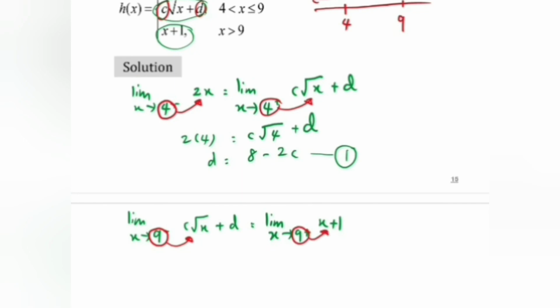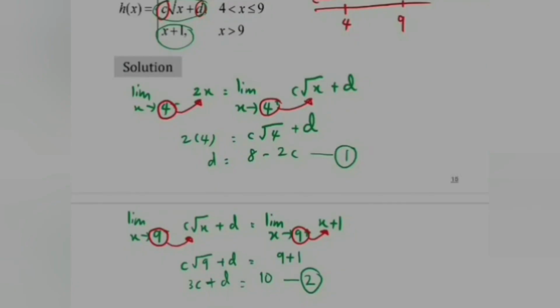You will get c times 9 plus d equals 9 plus 1, which is 9c plus d equals 10. Let it be the second equation.